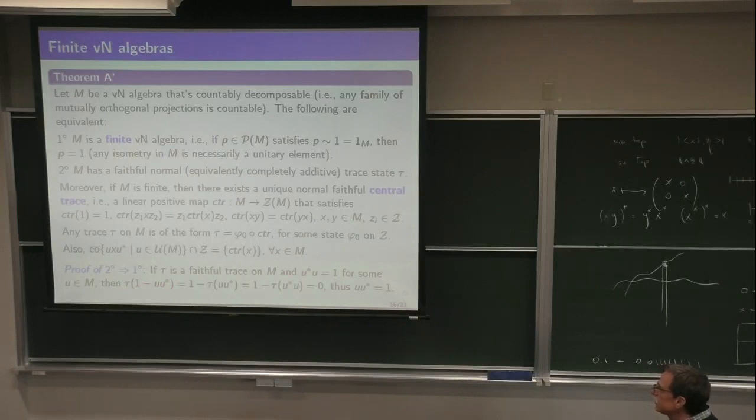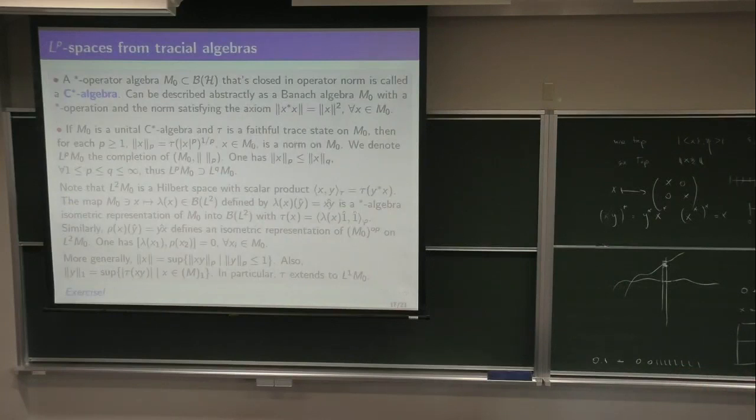You want to prove that u star u equals 1 implies u u star equals 1. Indeed, the trace of 1 minus u u star is 1 minus the trace of u u star, but the trace doesn't distinguish order, so it's the trace of u star u, which is 1, so it's 0. And so 1 minus u u star must be 0 because of the faithfulness. Okay.